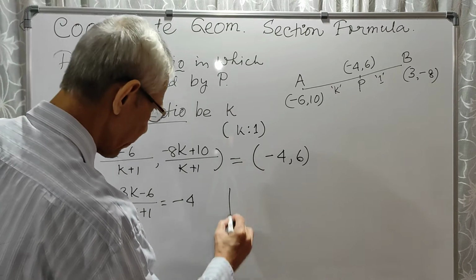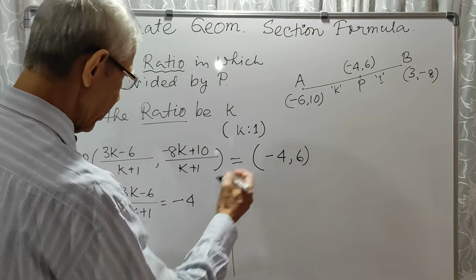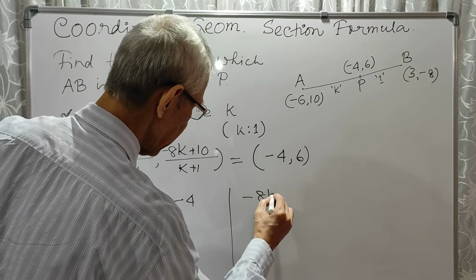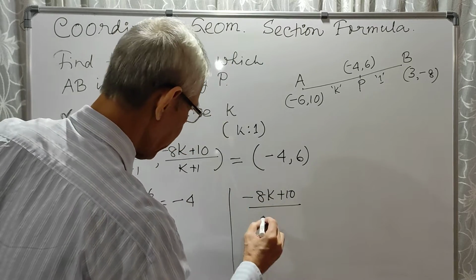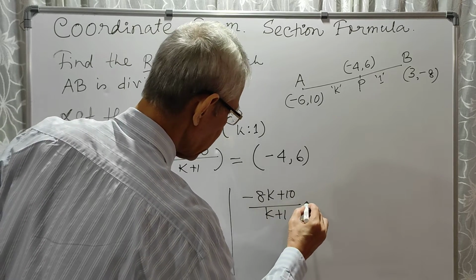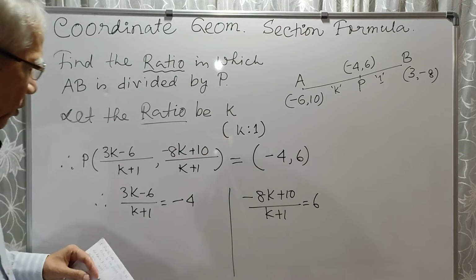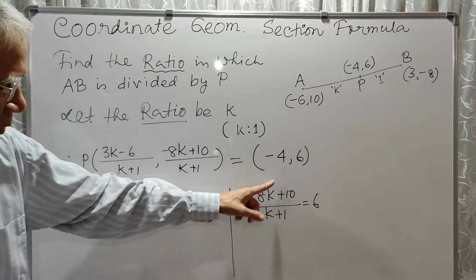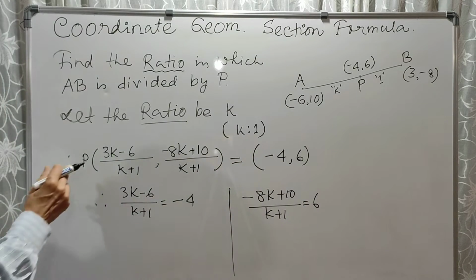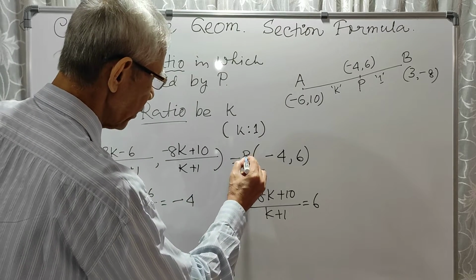And y coordinate equals y coordinate: minus 8K plus 10 by K plus 1 is equal to 6. So this is P and this also is P given.